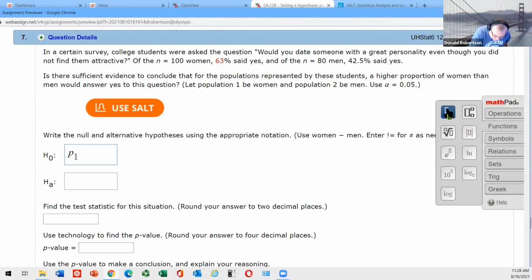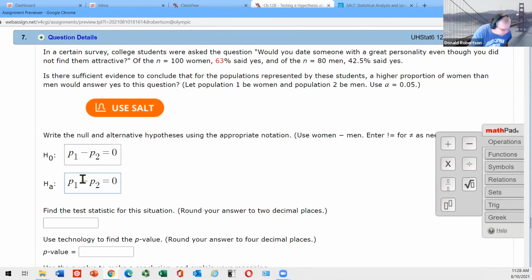Then move it along, take away P subscript 2, move it along with your arrow, equals 0. And what we want to prove is, is there sufficient evidence to conclude that a higher proportion of women would do this? Okay, so it's this guy, bigger than 0, right? That's the alternative.